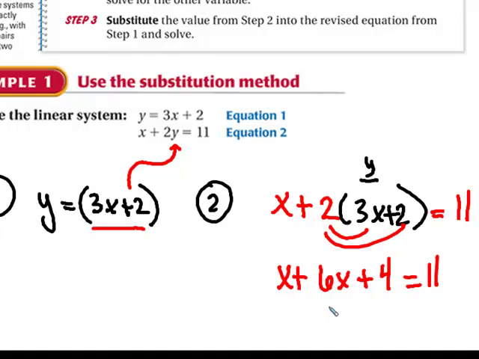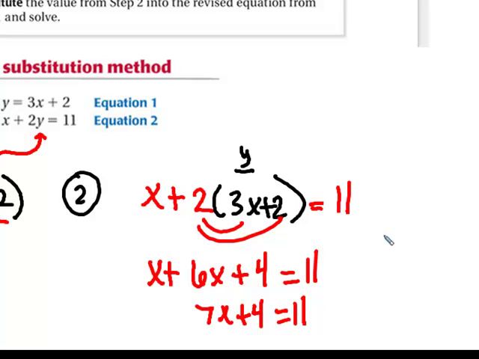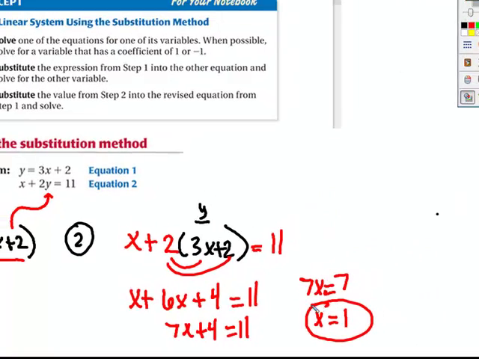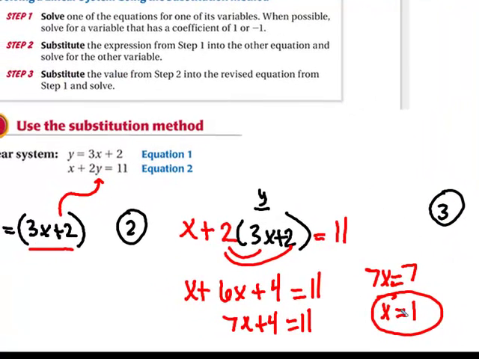Combine your like terms, so you're going to get 7x plus 4 equals 11. We'll subtract off the 4. So 7x equals 7. Divide by 7, and I know x equals 1. So there's step 2. Step 3 says now substitute the value from step 2, this x right here, into the revised equation from step 1.